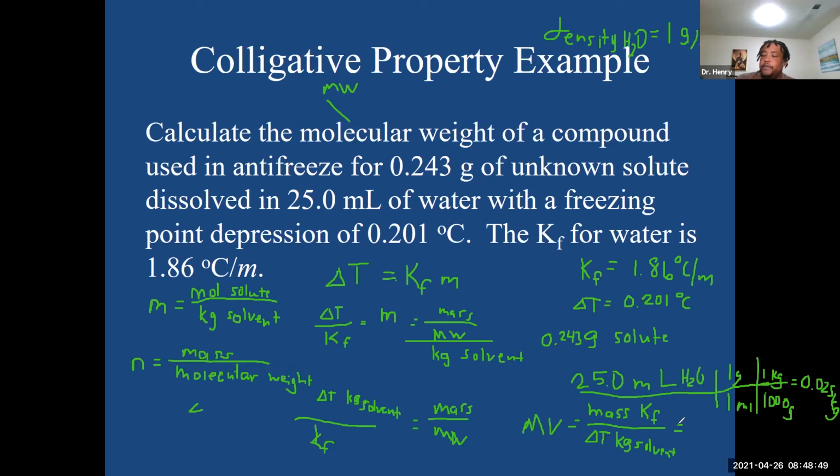So then it's just plug and chug, right? So we just have to plug in our grams of salt, our solute, times our Kf, which is 1.86 degrees C per molal, over our delta T, over 0.025 kg.